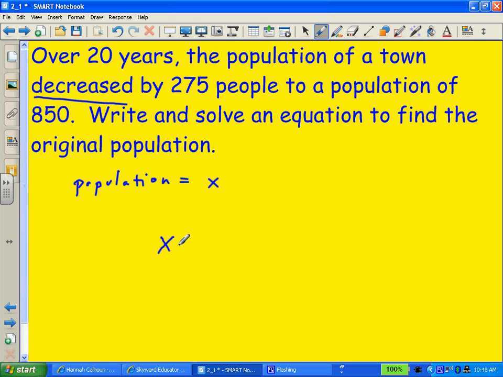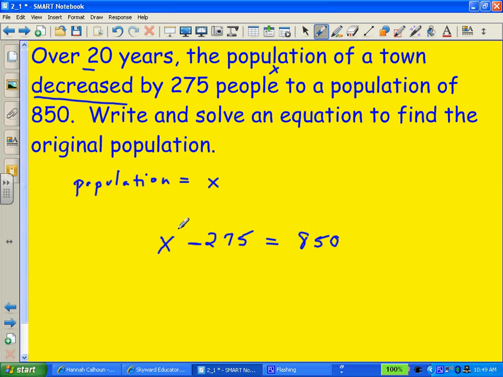Now hopefully you'll remember from chapter 1, decrease, that's a key word, means subtraction. So the population, x, decreased by 275 people, and that equals 850. So here's our equation. We have the original population x minus 275 because it decreased, and it's now 850.